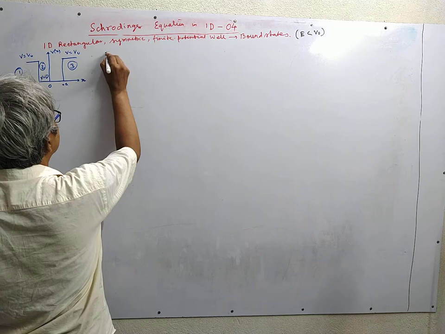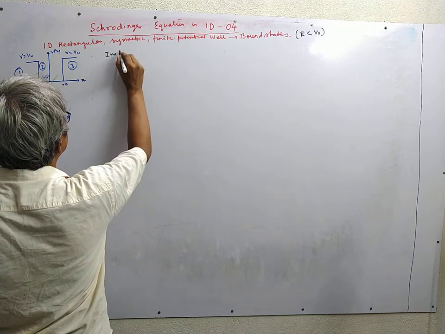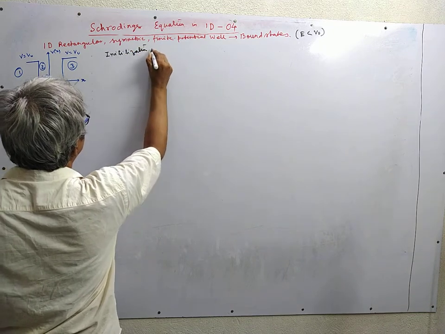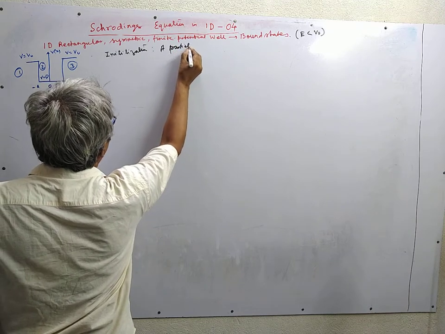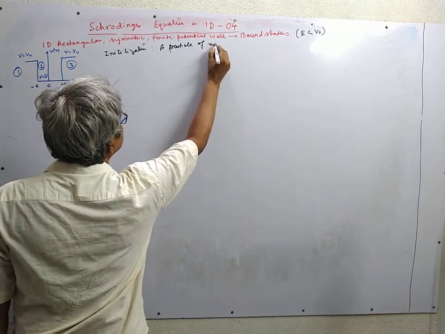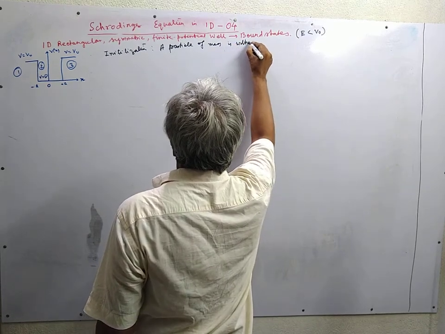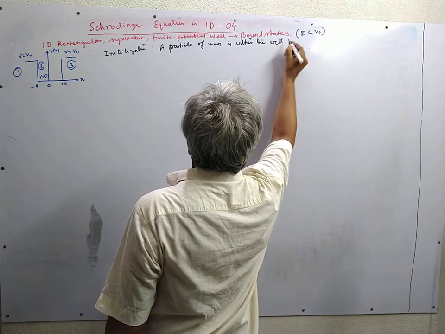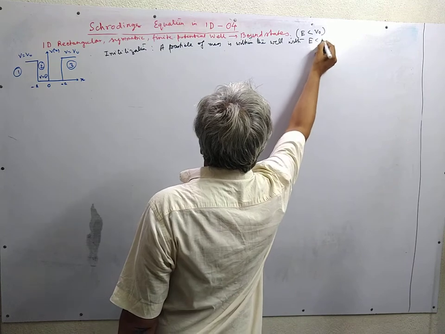So, initialization of the problem: a particle of mass m is within the well with E less than V0.